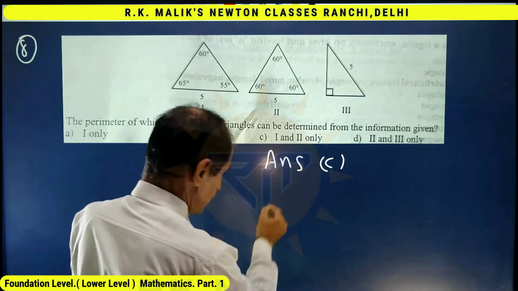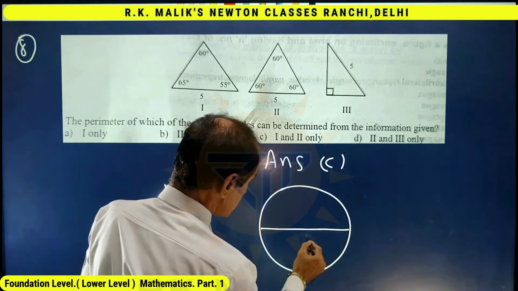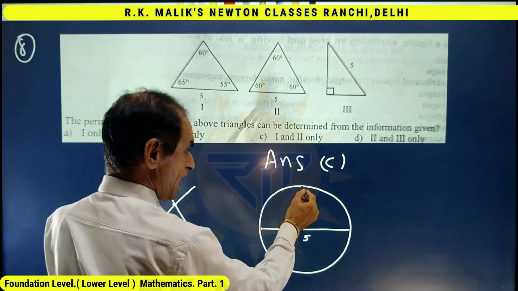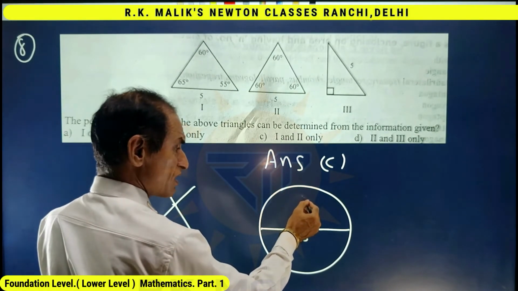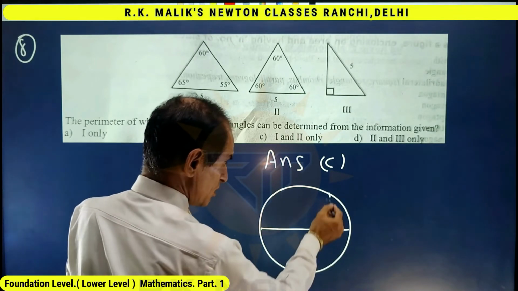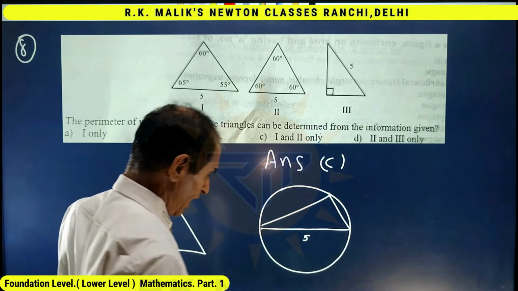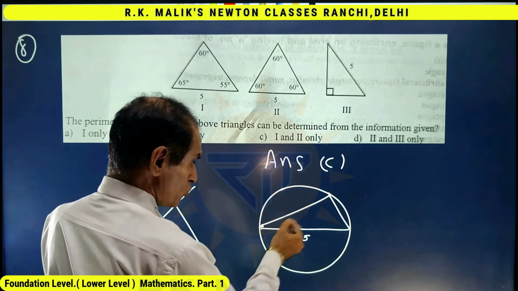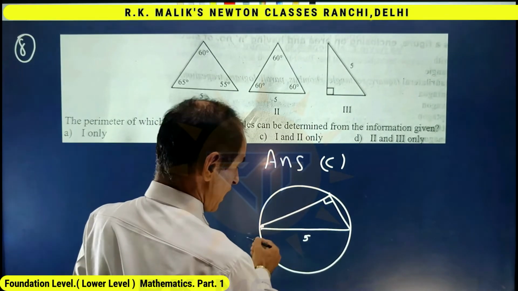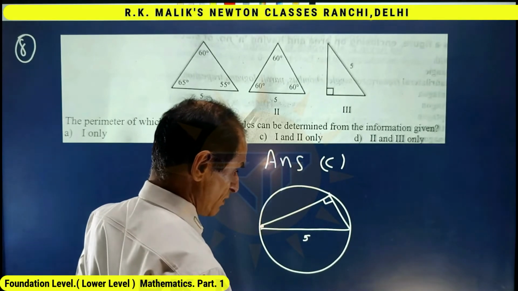See, if I draw a circle with diameter equal to 5, and now you know that the angle in a semicircle is always 90. If you take any point on the circle and join it with the end points of the diameter, you will get a triangle whose this angle is 90 and diameter equal to 5, that is, the length of the hypotenuse is 5.